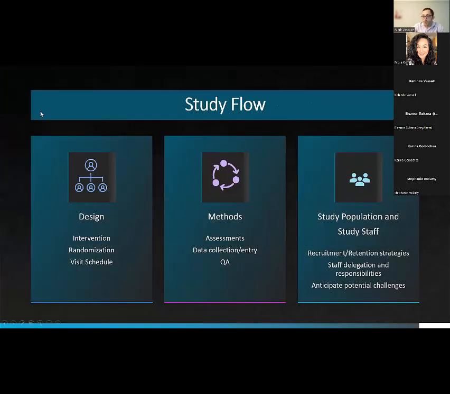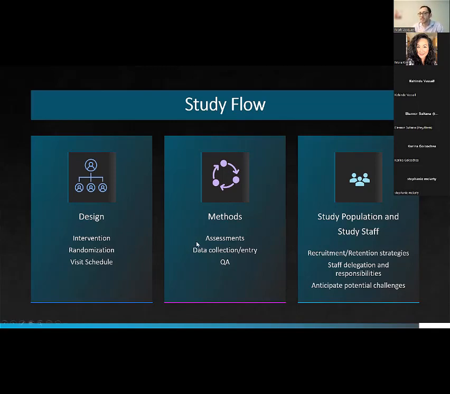Study flow is the next kind of component, and this is really composed of a few other components. But what I want to focus on here is, if the synopsis is going to give the why for the research, then the study flow components each give different parts of those W's. So the design would provide the what, the where, and the when. It tells you exactly what's going to happen.